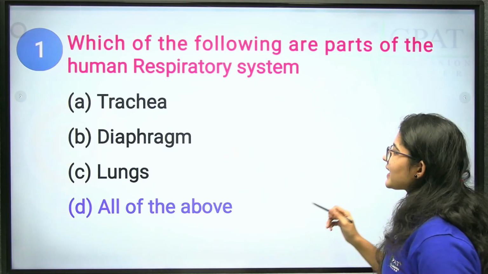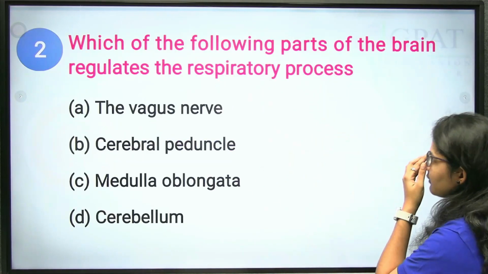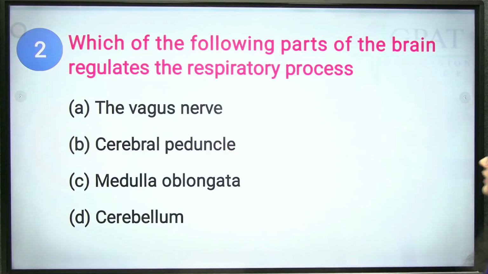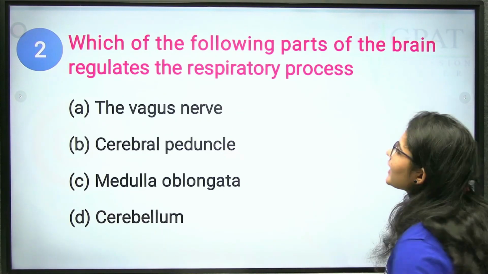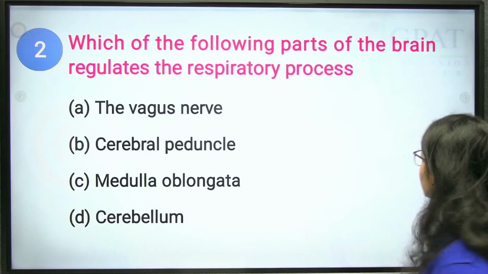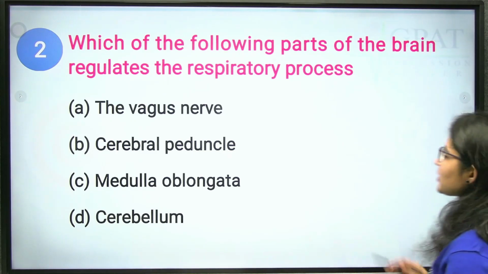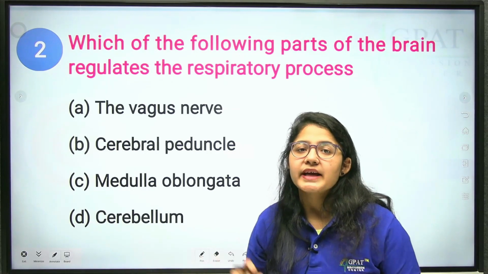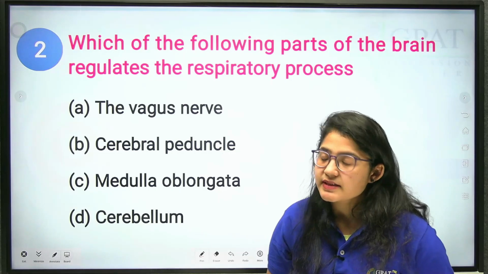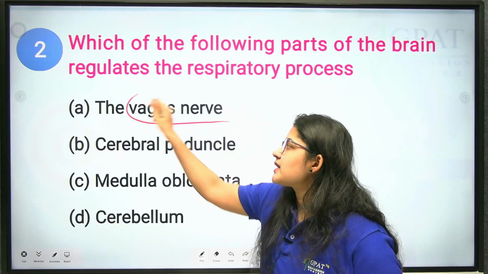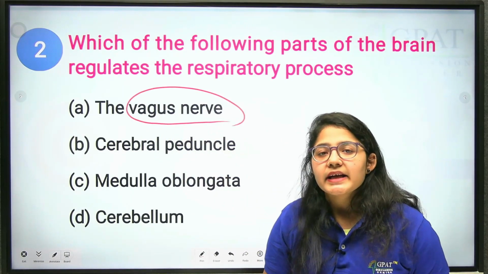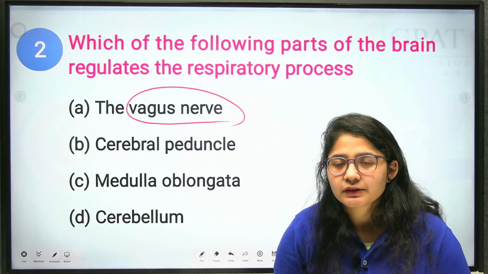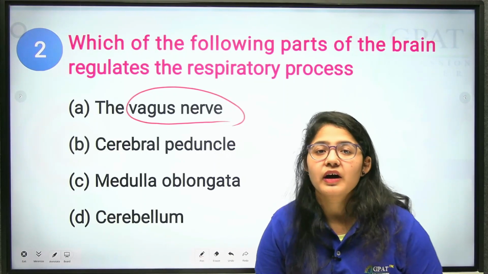Now the next question. Which of the following parts of the brain regulates the respiratory process? Question is easy. The vagus nerve is responsible for sending the information to your brain, to your digestive system, to your heart.